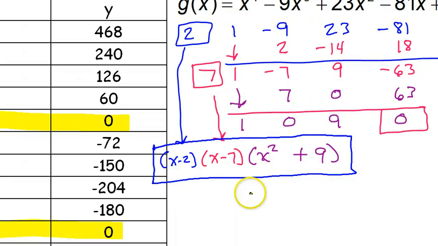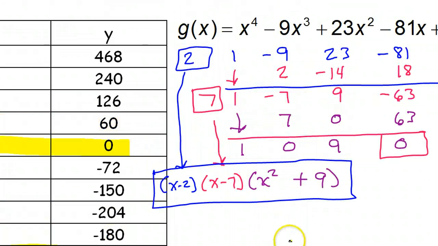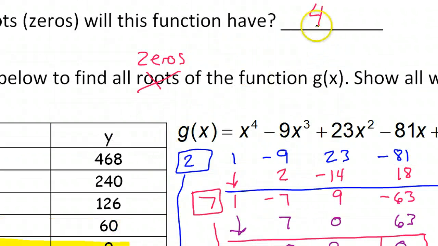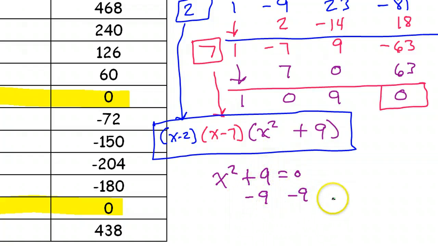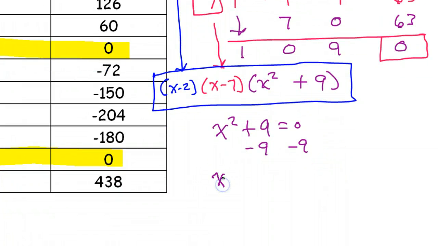But anyway, we had the 2 zeros off the chart, the 2 and the 7. But as we said, we're expecting 4 zeros. So we're going to get the other 2 zeros from the x squared plus 9. And it's not factorable, so we'll get it by setting x squared plus 9 equal to 0 and solving. If we subtract 9 from both sides, that gives us x squared equals negative 9.